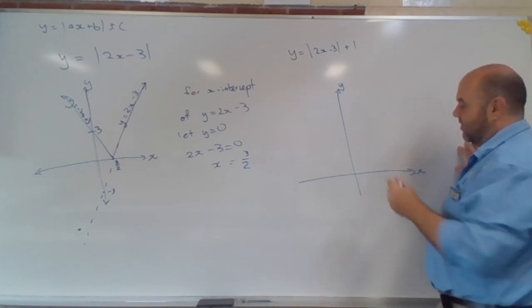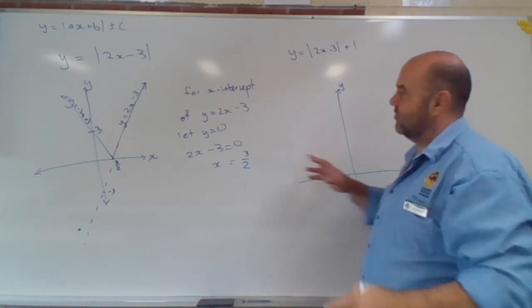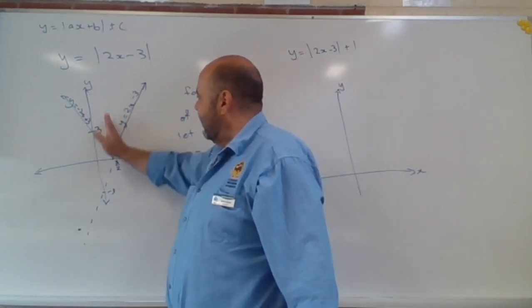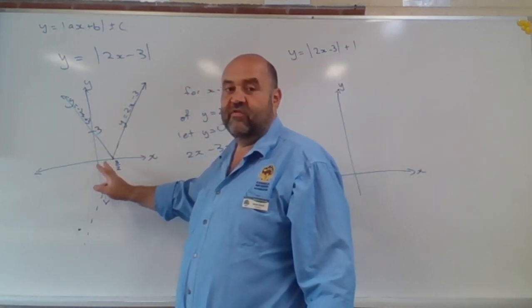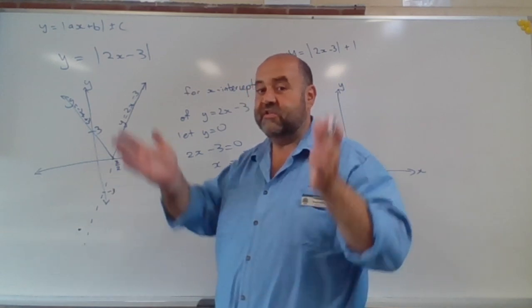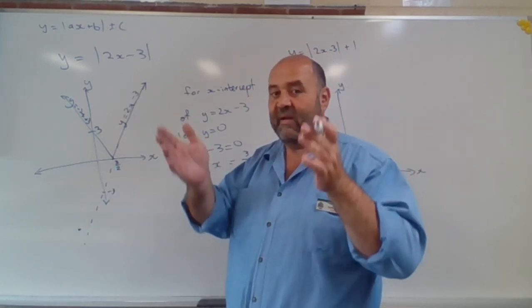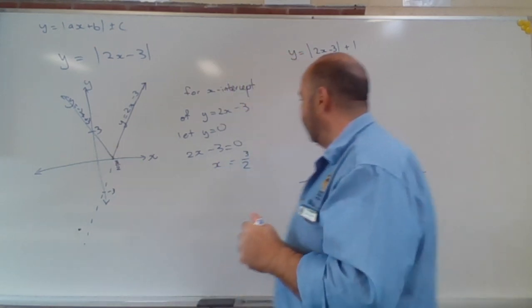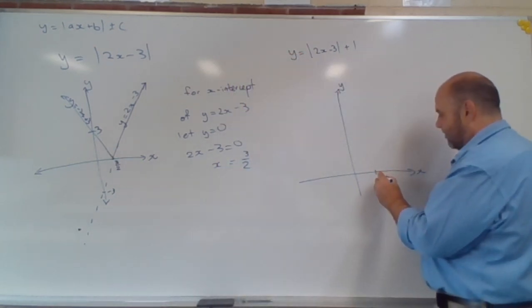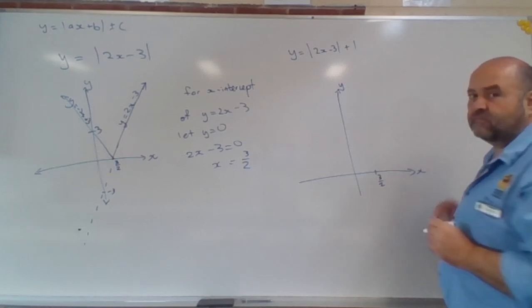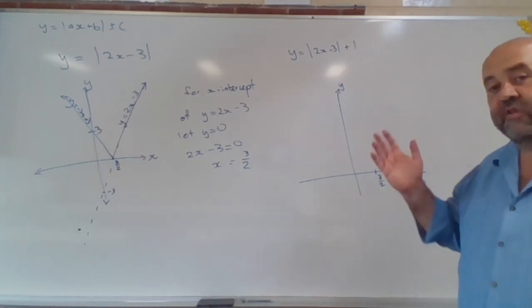The axis of our graph would still be at 3 on 2, because the +1 only shifts our graph up or down. Remember, it doesn't move it left or right, it's only moving it up or down. So our axis will still be at 3 on 2. Our graph will still be that Z shape.